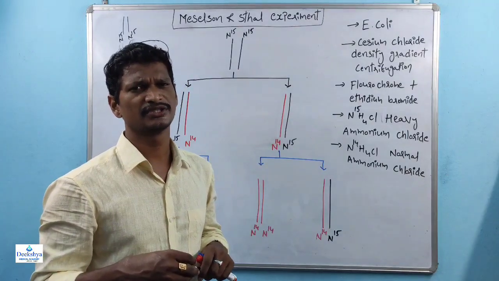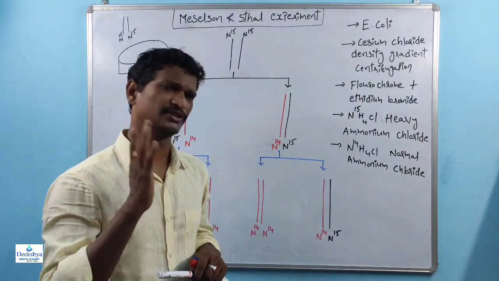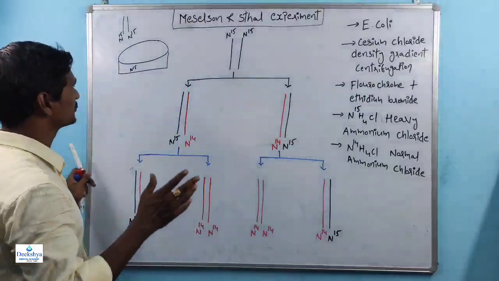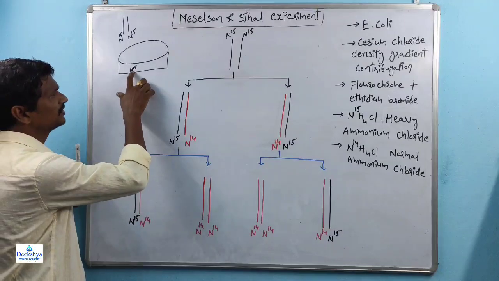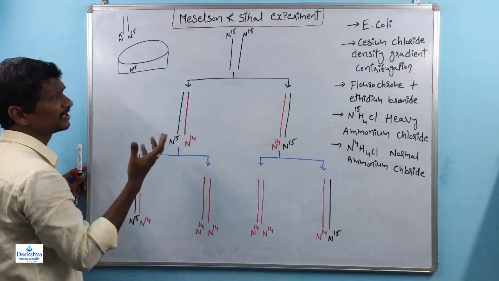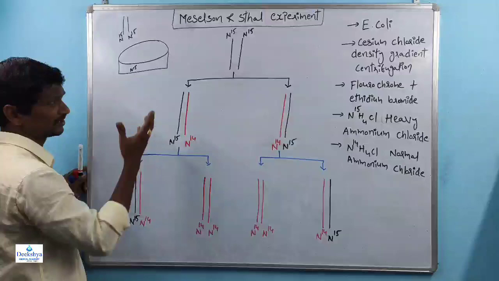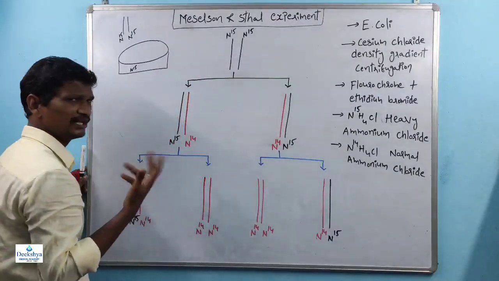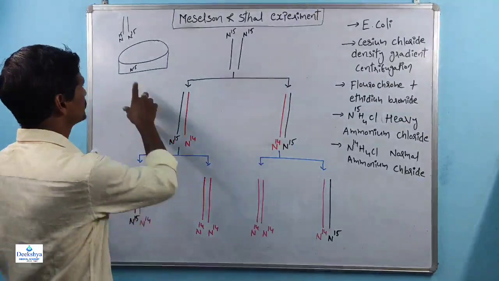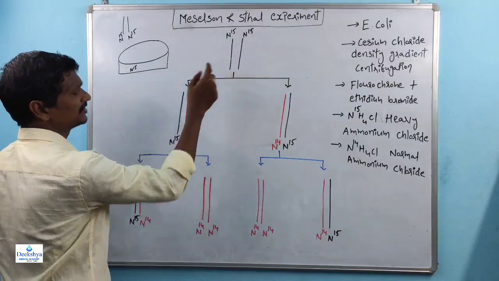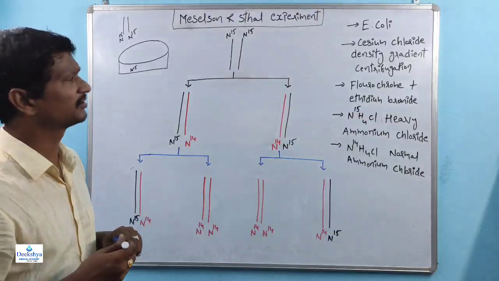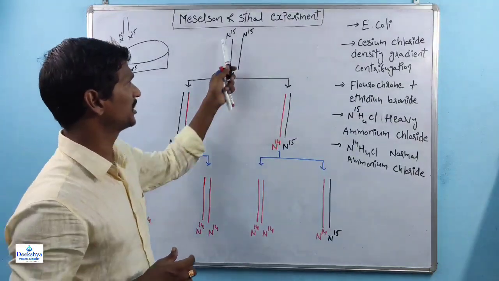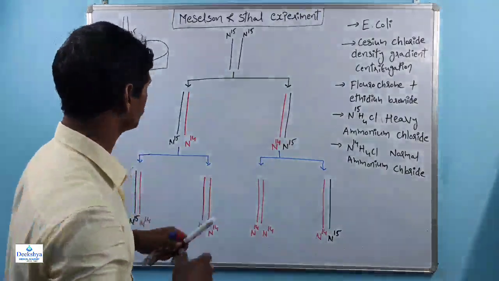For nitrogen base synthesis, nitrogen is utilized, so N15 is utilized. The nitrogen bases get heavier weight, because of the presence of N15, so DNA has high molecular weight.